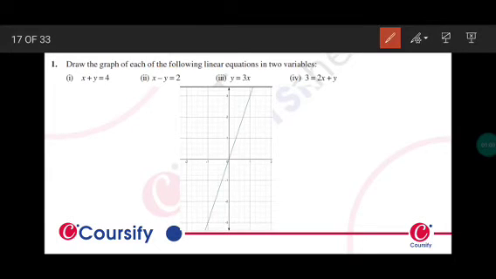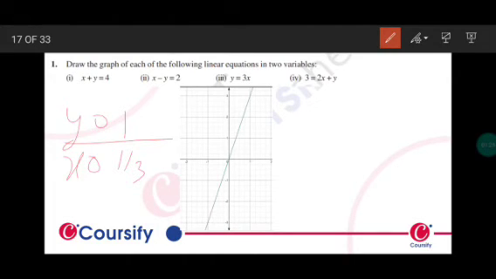Next part, y is equal to 3x. That means if I put y is equal to 0, x is equal to 0, that one point is on the origin. Next, if y is equal to 1, the x will be 1 by 3. So it will be difficult to plot 1 by 3.